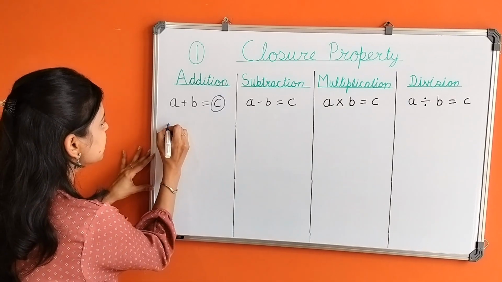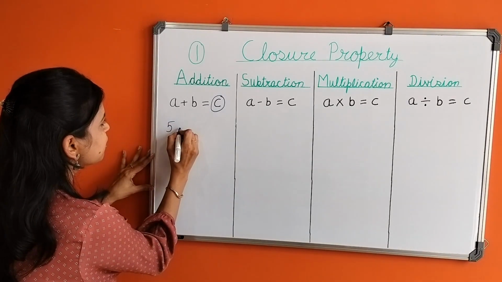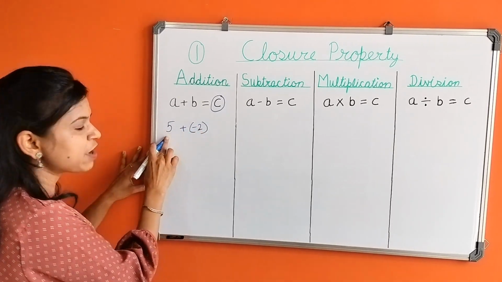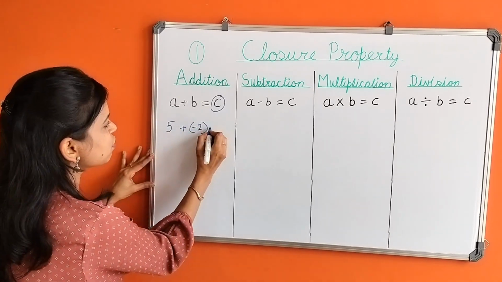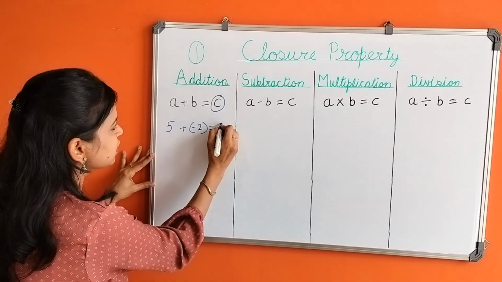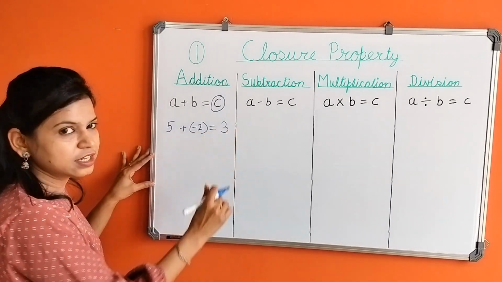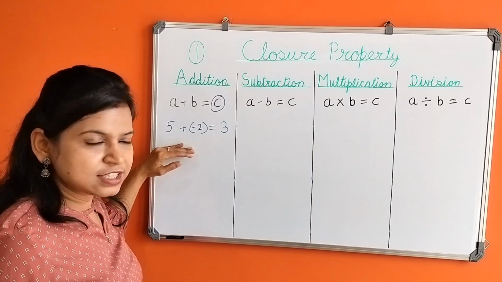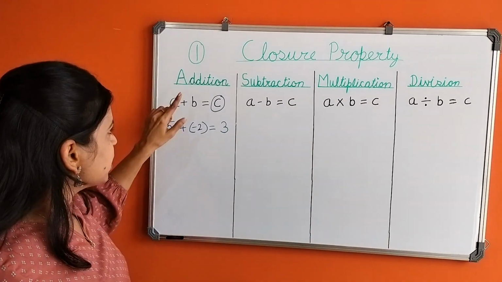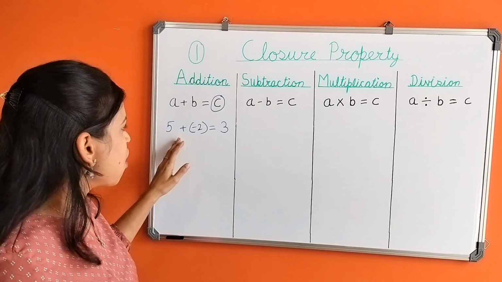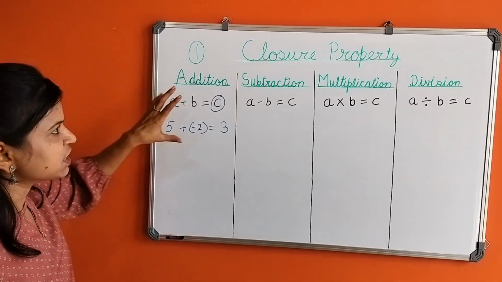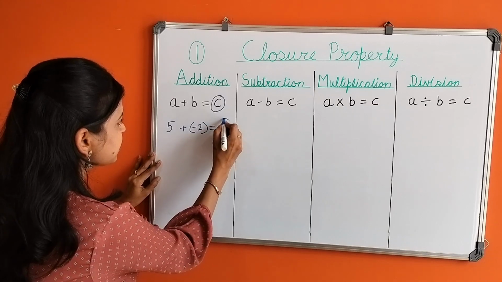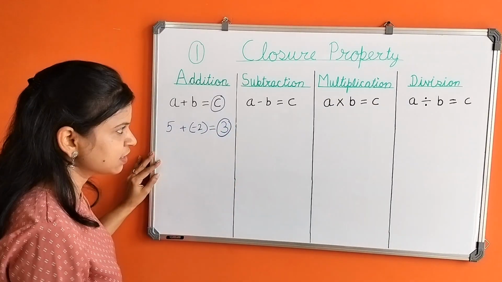For example, 5 plus minus 2. 5 is an integer, minus 2 is also an integer. 3 is also an integer. So for each and every case, addition always comes under the closure property, because as a result we always get an integer.